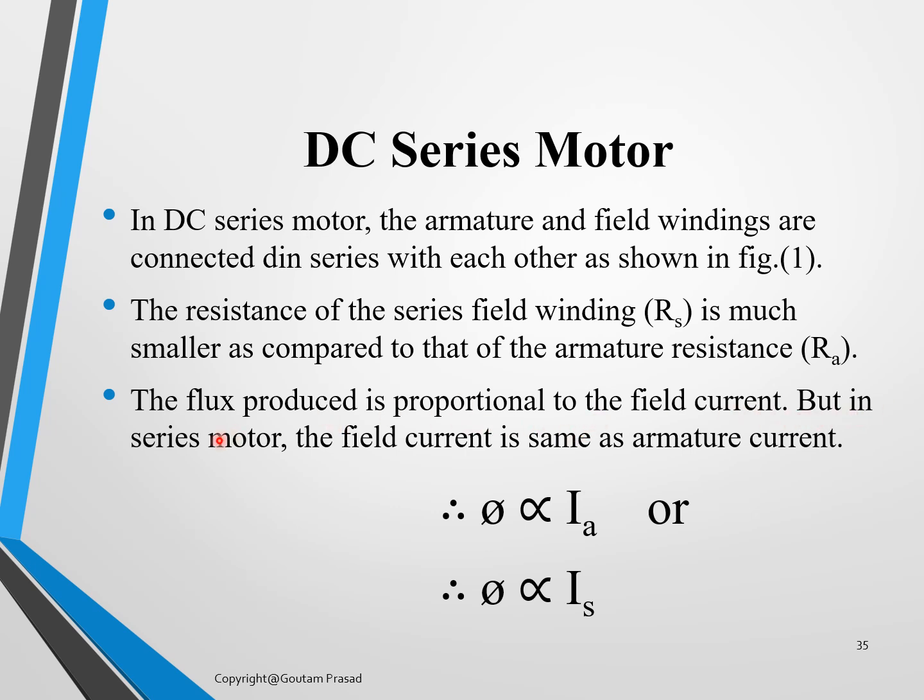In this series motor, the field current is the same as the armature current, so we can say phi, because of this series winding, is directly proportional to IA, that is armature current. And armature current is the same as load current or the source current. So phi can also be termed as proportional to IS.